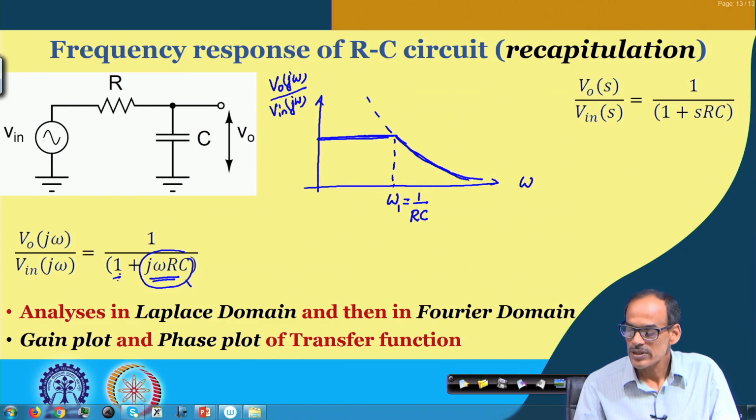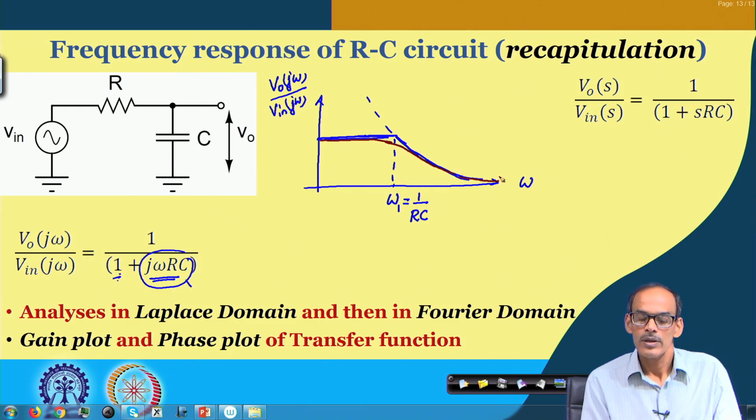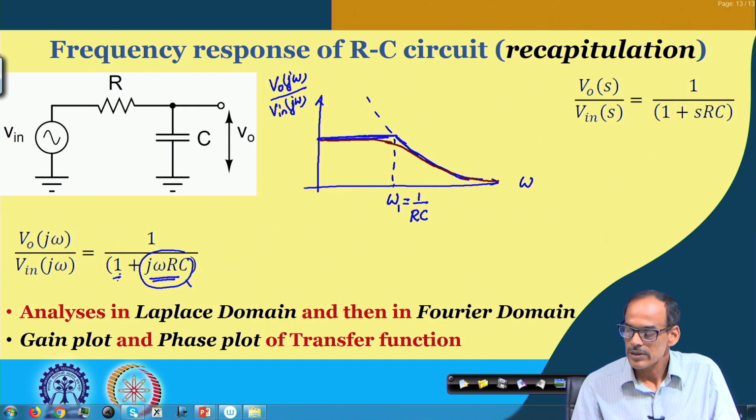If I consider the actual curve instead of these two asymptotic or approximated curves, we will get the actual curve going like this. Here again it has complementary behavior with respect to the previous one.